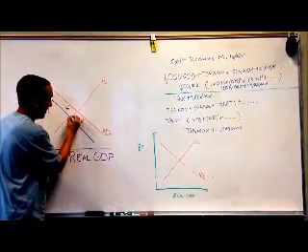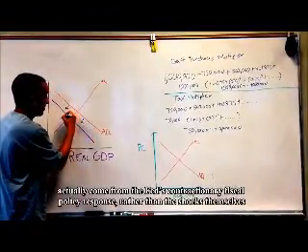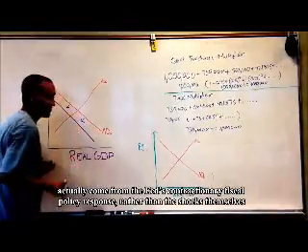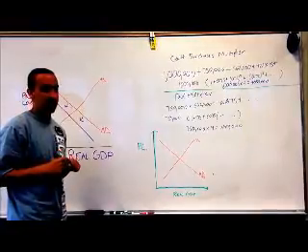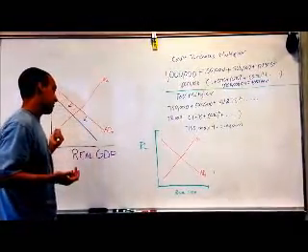And as you can see, it lowers GDP and lowers the price level. So we are reducing inflation, but we are creating a little bit more unemployment. But that's usually when we're in an inflationary period.